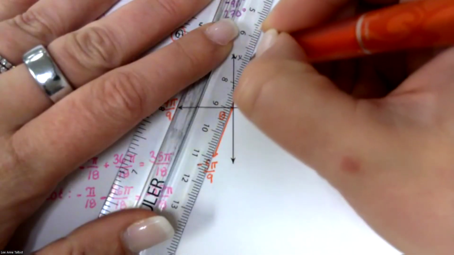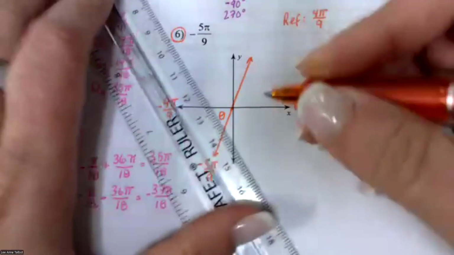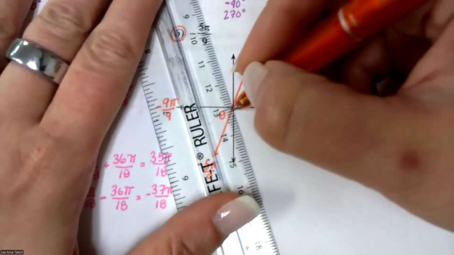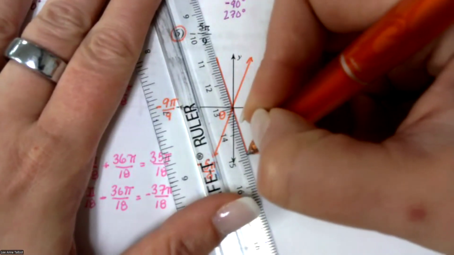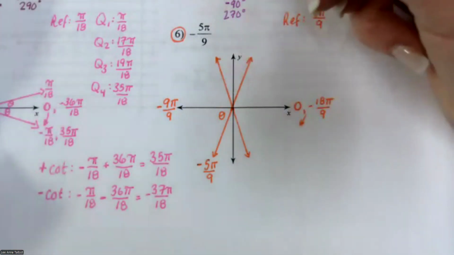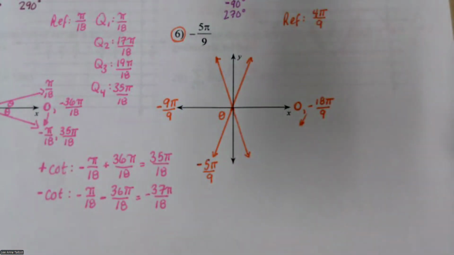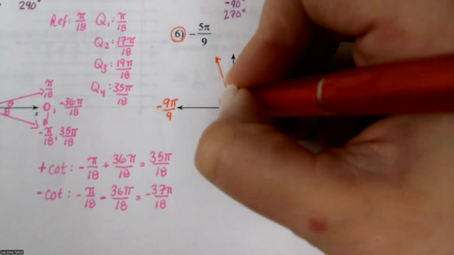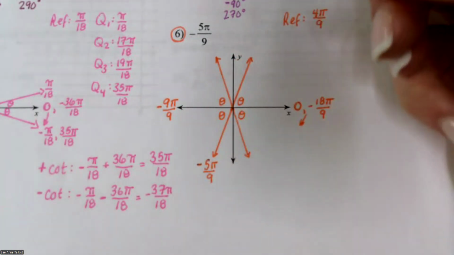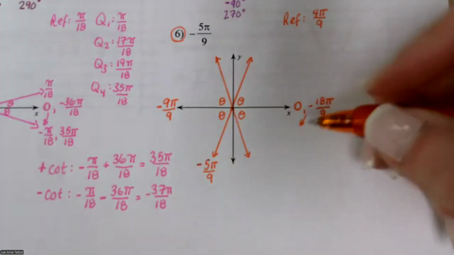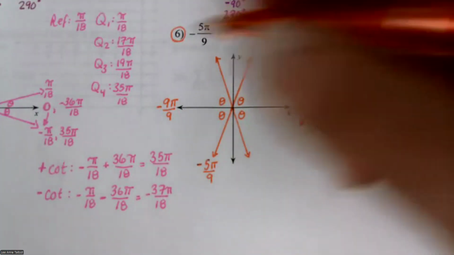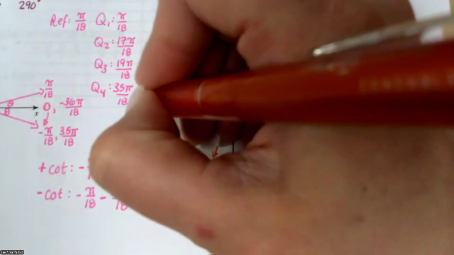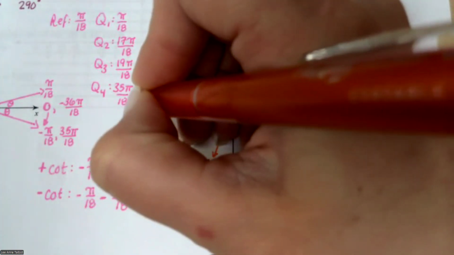Now I'm going to extend my lines out. And then I'm going to relabel in the positive direction. So this is 0. This is positive 9 pi over 9.